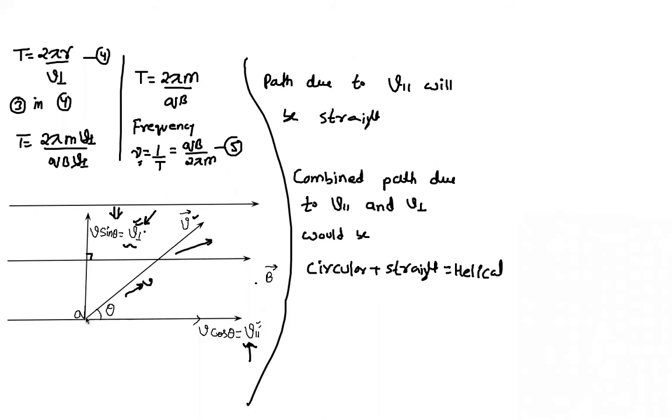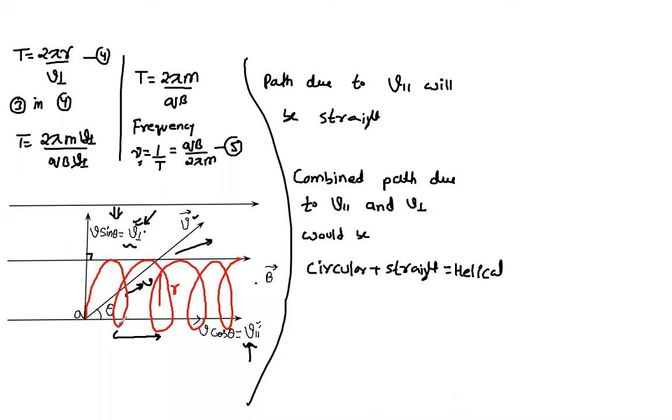This charged particle will be moving in a circular path due to the perpendicular component of velocity. And along with this circular path, this charged particle is moving in the forward direction. The radius of the circular path is r, and the radius we have already calculated: this is m v perpendicular by qB.